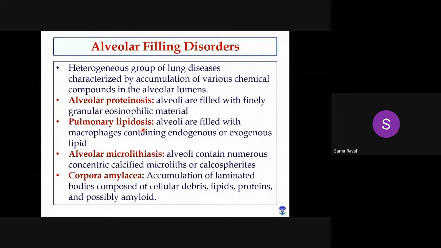Okay, then alveolar microlithiasis, right? So many a time alveoli contain numerous calcified microliths or small stones. In that case, we will use the word alveolar microliths. And corpora amylacea means accumulation of laminated bodies composed of cellular debris, lipid, proteins, and possibly amyloid. Right.